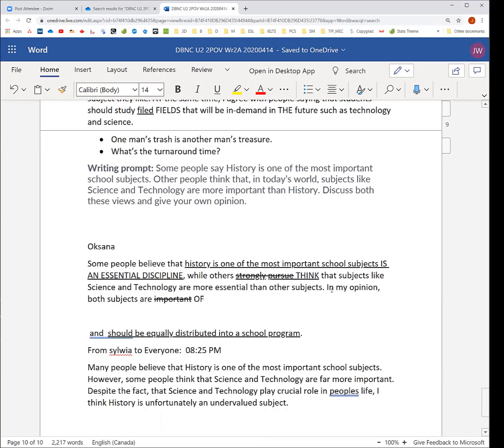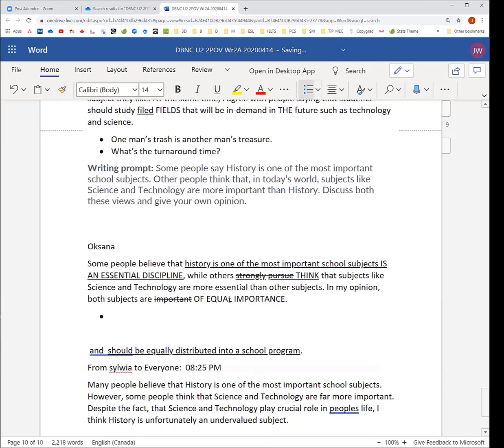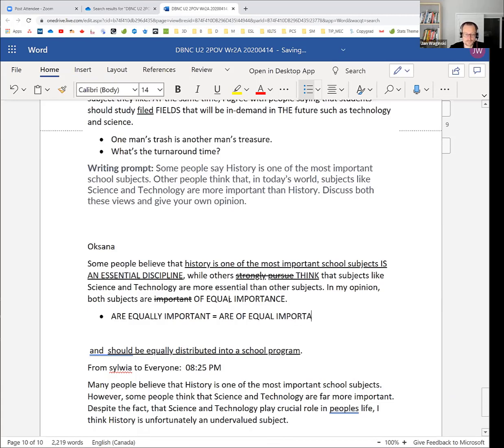Oh, okay. So here, in my opinion, both subjects are of paramount importance. Equally important. Equally of importance. Yeah. So are equally important is the same as are of equal importance.